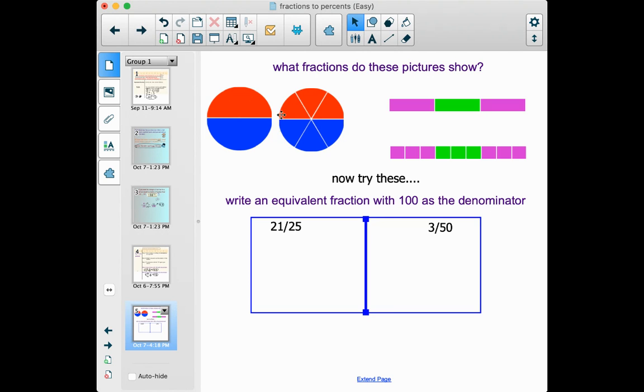The whole top half is red, the whole bottom half is blue. So this represents 1/2. One of the 2 sections is red. This fraction here, all we did is add in a couple more lines to cut it into more pieces. I still have half the circle shaded, but this time out of the 6 wedges, 3 of them are red. So 3/6 is the same as 1/2.